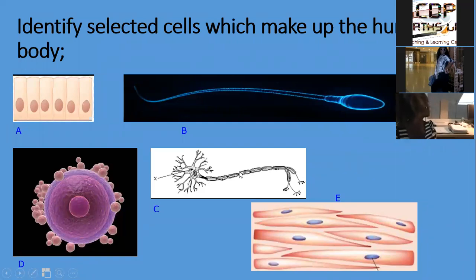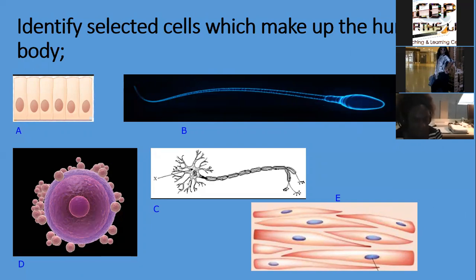This was in the very first lesson that you did. The control and coordination cell. It's coming from that topic. Is this the nerve cell? Yes, it's a nerve cell.